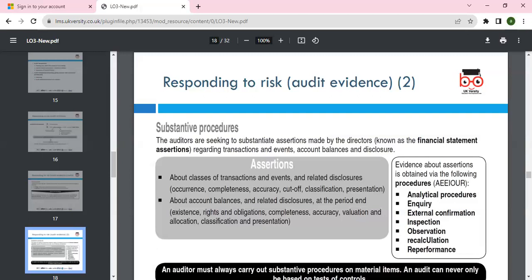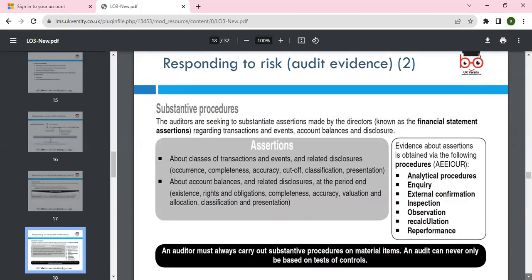Evidence about the assertions is obtained through the following procedures: analytical procedures, inquiry, external confirmation, inspection, observation, and recalculating your figures, because the total may be wrong. Auditors can also reperform transactions.